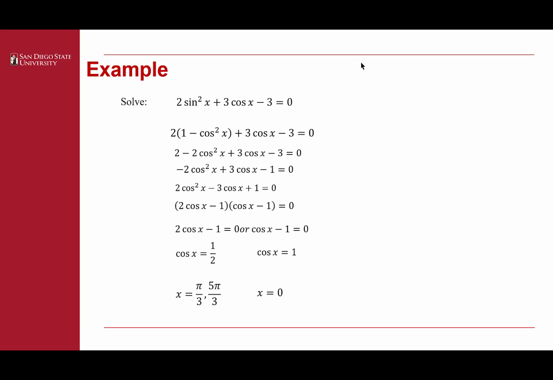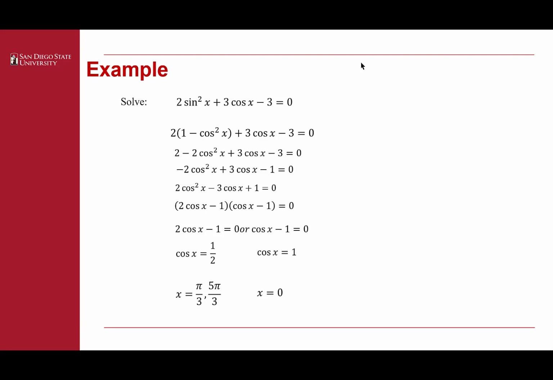And if we make 2 times cosinus x minus 1 equals to 0, we get cosinus x equals to 1 over 2, which is 0.5. And in this case, the value could be pi over 3 or 5 pi over 3. And you can replace pi with 180 degrees to find out the degree equivalence.